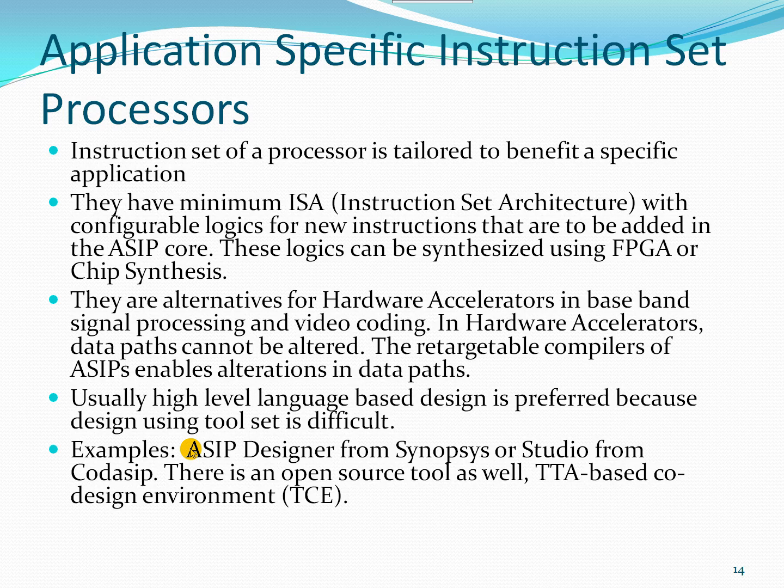There are alternatives for the hardware accelerators which are used in baseband signal processing and video coding too. In hardware accelerators, the data paths cannot be altered. If you are having hardware accelerators like graphics cards, those data paths cannot be altered. So for this, application specific instruction set processors have their own retargetable compilers.